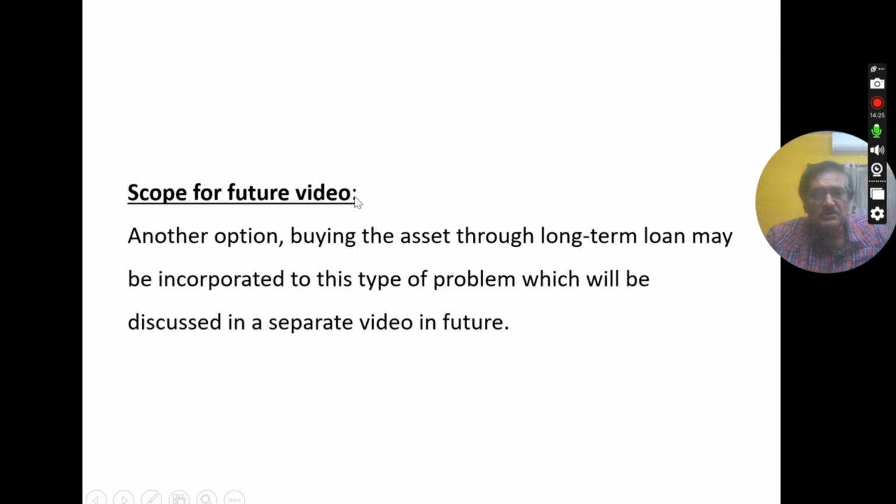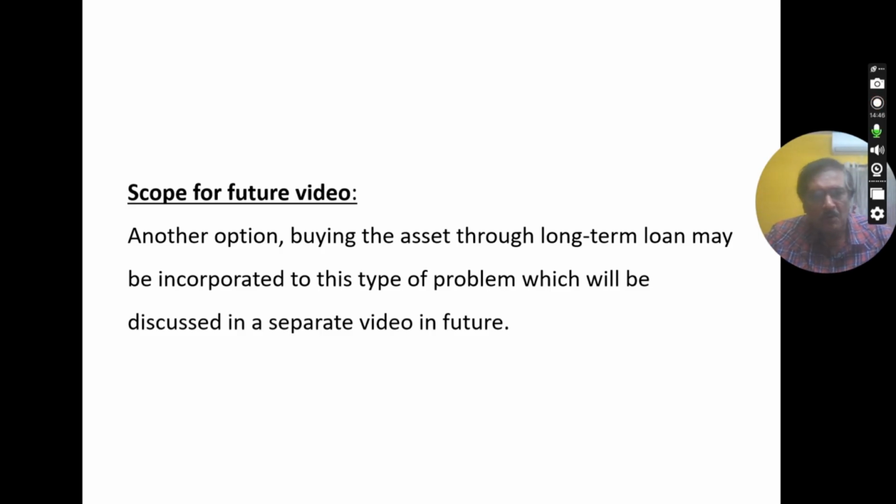Now the scope for a future video I have mentioned here. Another option, buying the asset through a long-term loan, may be incorporated. We have not taken that option. That means we can buy the asset by taking a long-term loan also. Then what will be the effect?